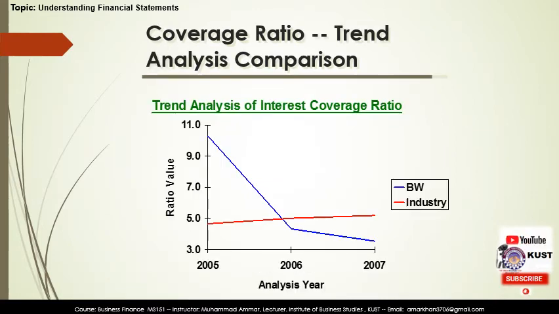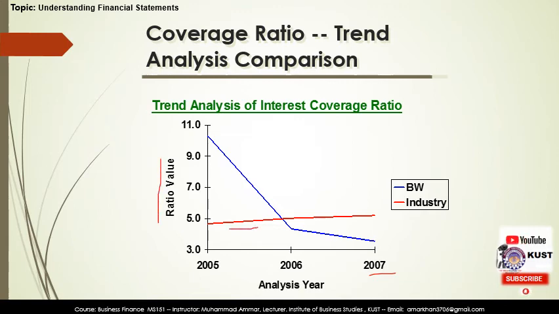So they have given the trend analysis comparison of the coverage ratio. You see in the graph the horizontal and vertical axes. On the horizontal axis you see the years 2005, 6, and 7, and on the vertical axis are your ratio values, right?